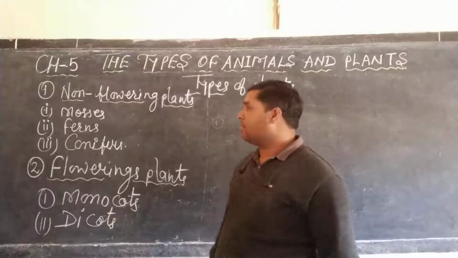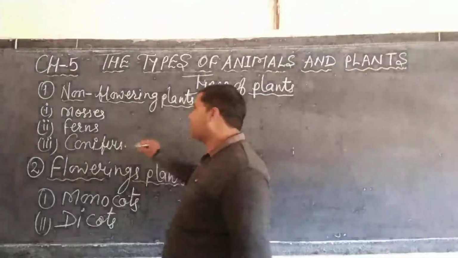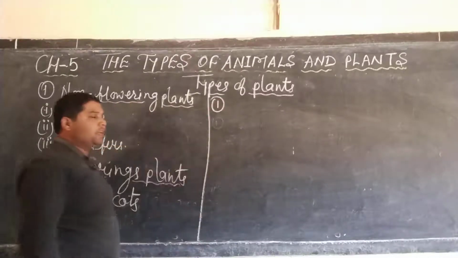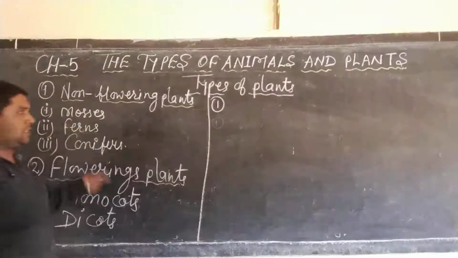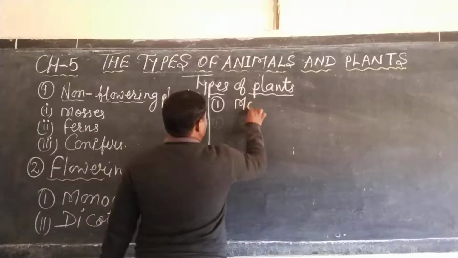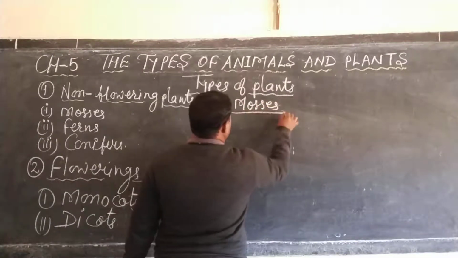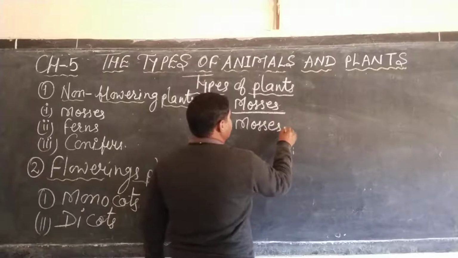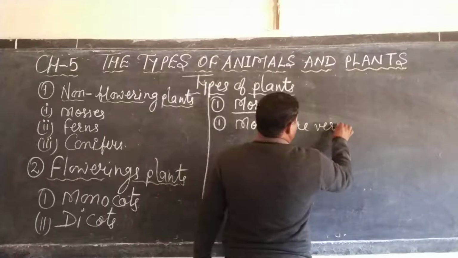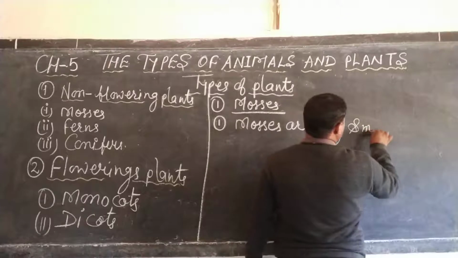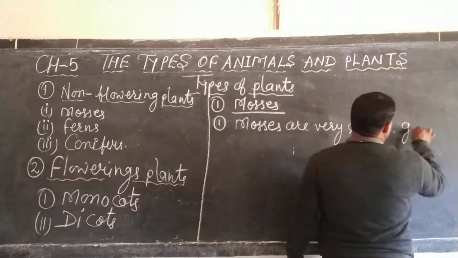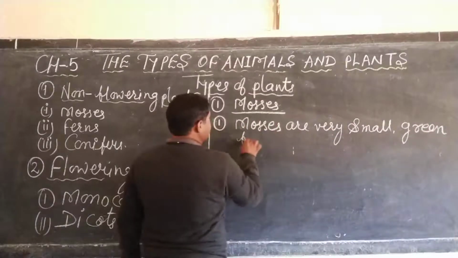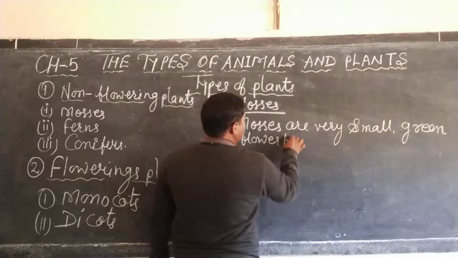So let us start with mosses. Now I am going to explain to you the characteristic features of mosses. First, mosses are very small, green, flowerless plants.